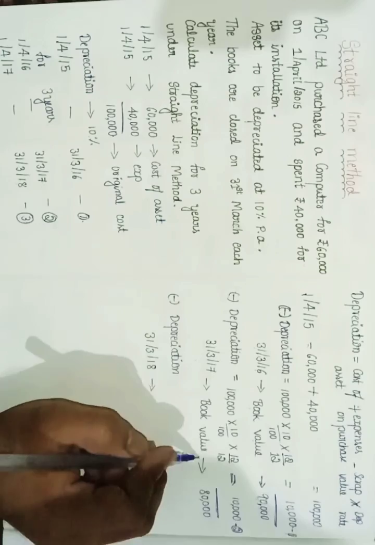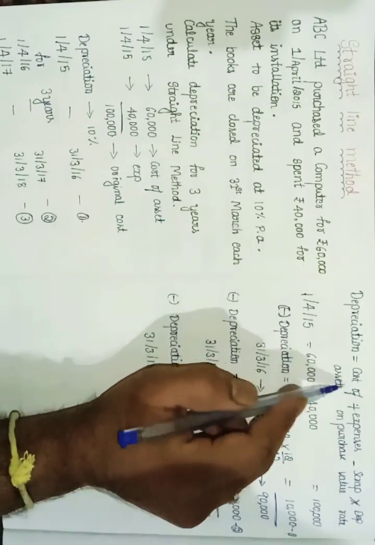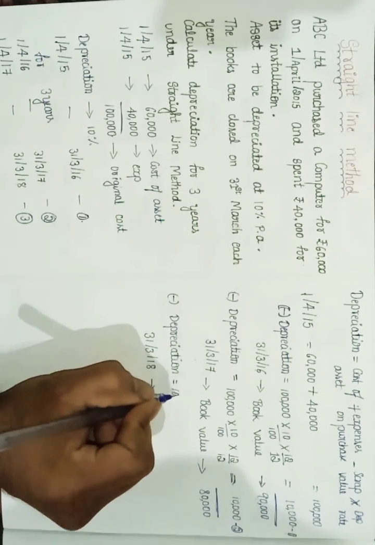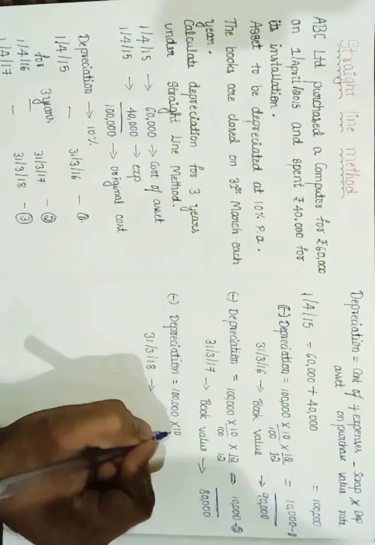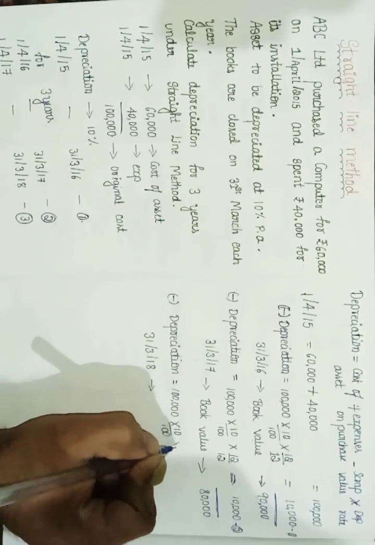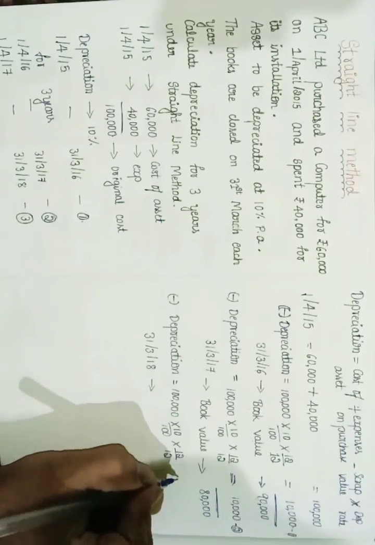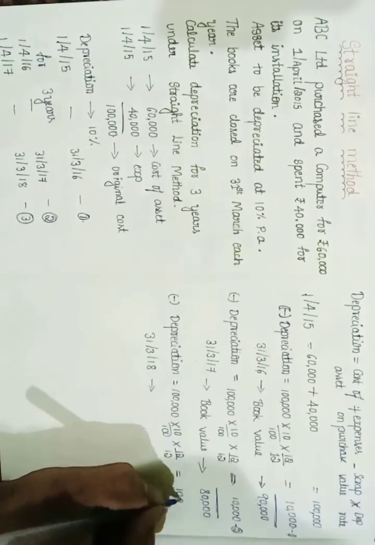In diminishing balance we need to take the book value, but in straight line we always take the original cost of asset plus expenses, that is 1 lakh into the depreciation rate of 10%, 10 by 100, into out of 12 months, we are using the entire 12 months, then the depreciation amount will come to 10,000 rupees.